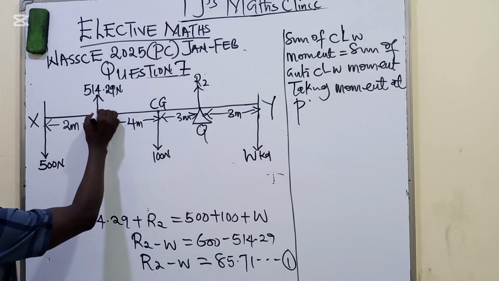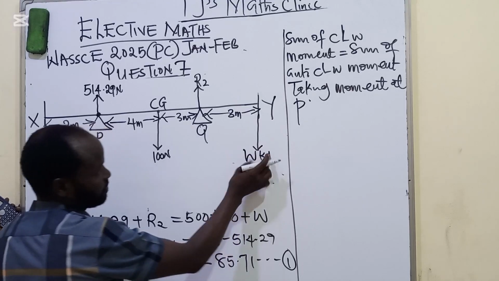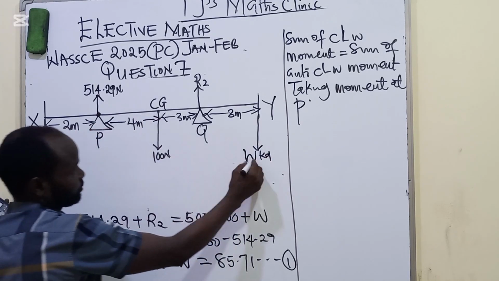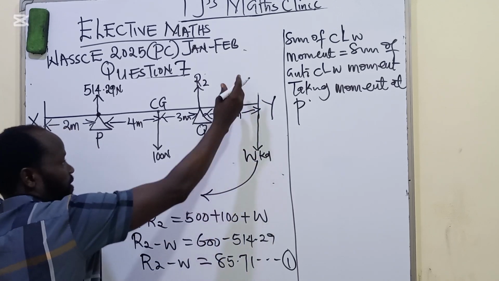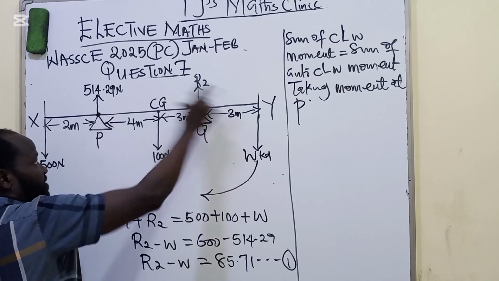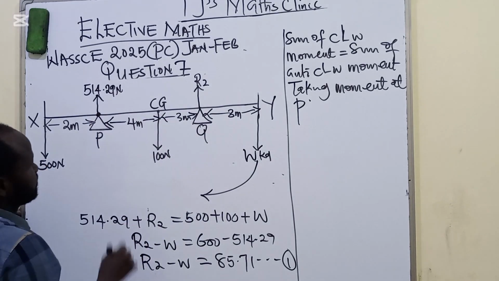If we are taking moment at this point here, this W will act in clockwise direction. It will tilt this direction because this is force multiplied by the perpendicular distance from the point of action here. What again can we see?